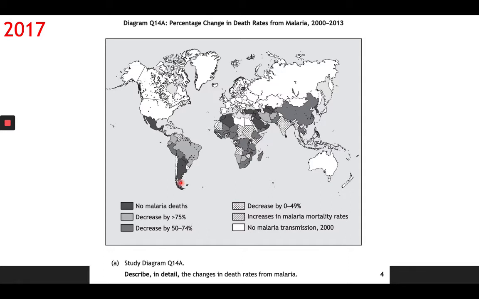So you might want to say things like, in India, there has been a decrease in 0 to 49% of malaria transmission. We could say there has been a decrease in Brazil of less than 75%. Okay, so try and make it as easy for yourself as possible.